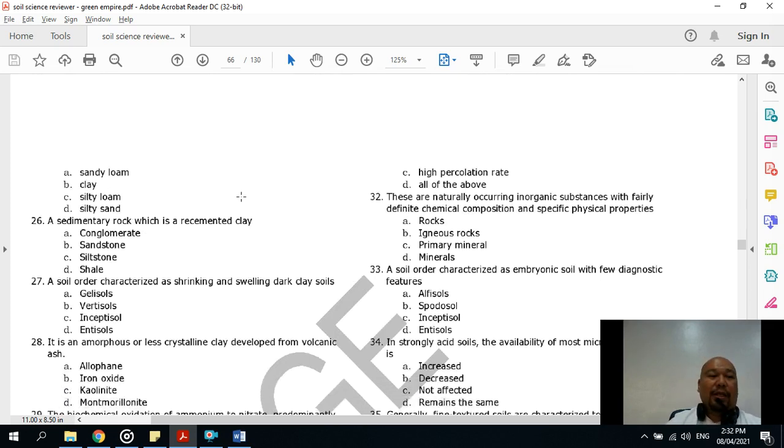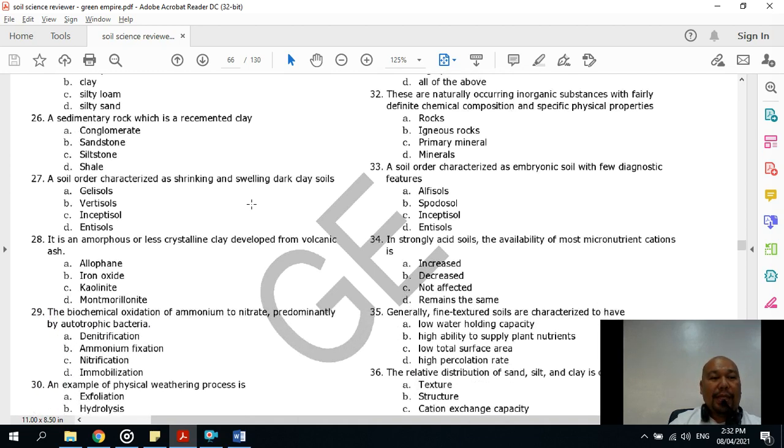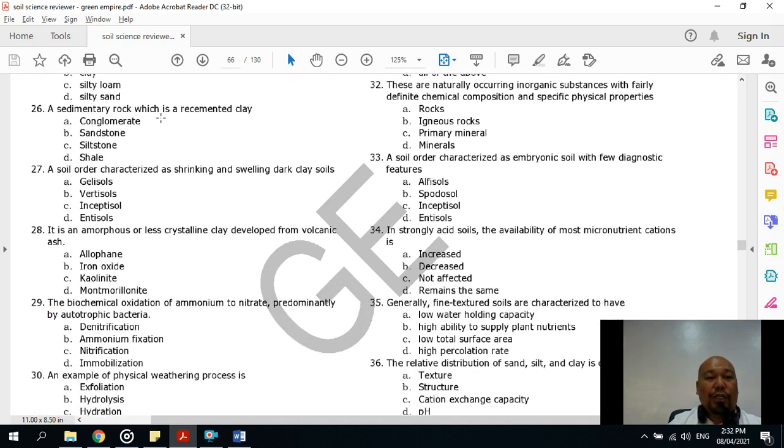Okay? 26. A sedimentary rock which is a re-cemented clay. Unsa man ni siya? Kalimot ko. I think that's shale. Dili ko sure ani man. Sandstone is re-cemented sand. Okay, siltstone is re-cemented silt.